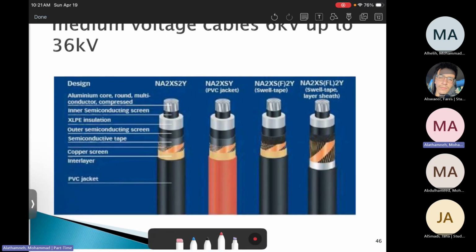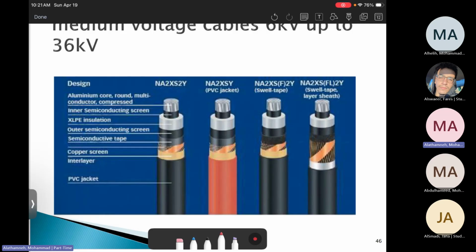As we see here, there are several pictures depending on the model. There's an aluminum core, round, multi-conductor compressed, inner semiconductor screening, XLPE insulation, outer semiconductor screening, semiconductive tape, copper screen, interlayer, and PVC jacket.